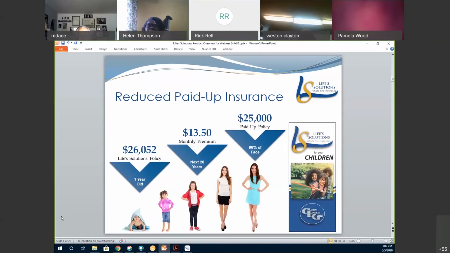In this case, at the young age, 96% of the face value. Now, this is a great opportunity for a child market, and we have a brochure, we have a sample or picture of it here on the slide, getting a lot of play in that market. So I would encourage you to take a look at that. It's an excellent brochure, just truly a great policy for kids. Next slide.